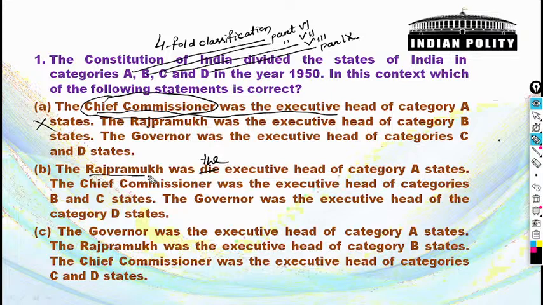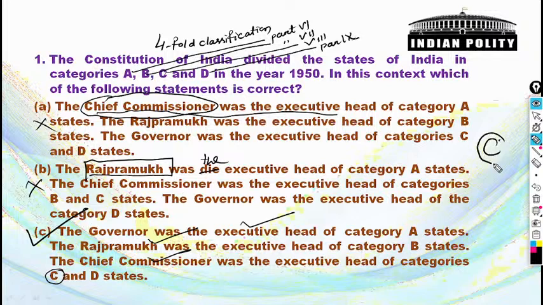No, Rajpramukh was the head of the part B states, so it is also incorrect. The Governor was the executive head of the category A states, yes. Rajpramukh was the executive head of the category B states. The Chief Commissioner was the executive head of the category C and D states. In category C, there were commissionerate provinces, and in category D, Andaman Nicobar was there. So these were the arrangements before 1956, and option C is correct.